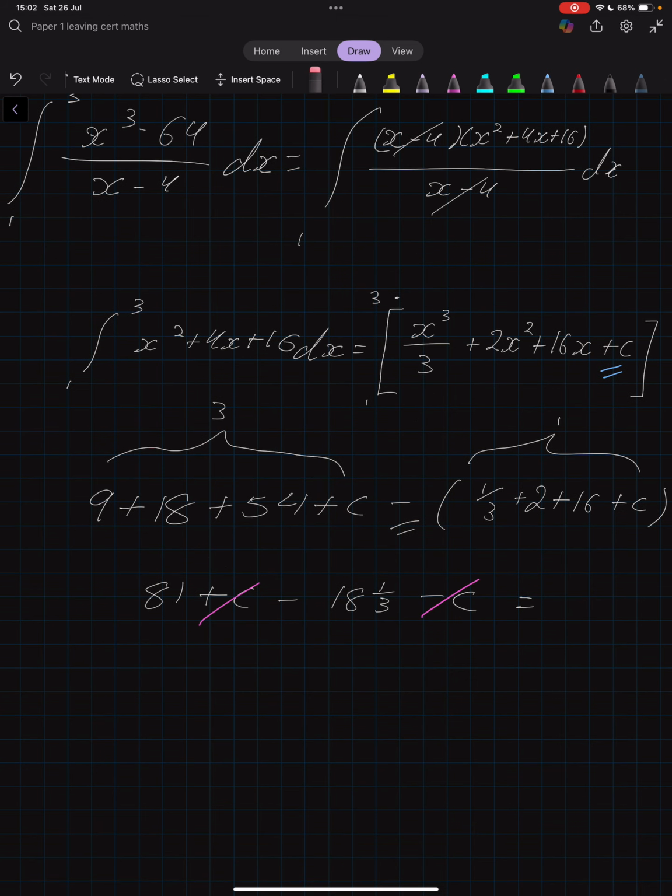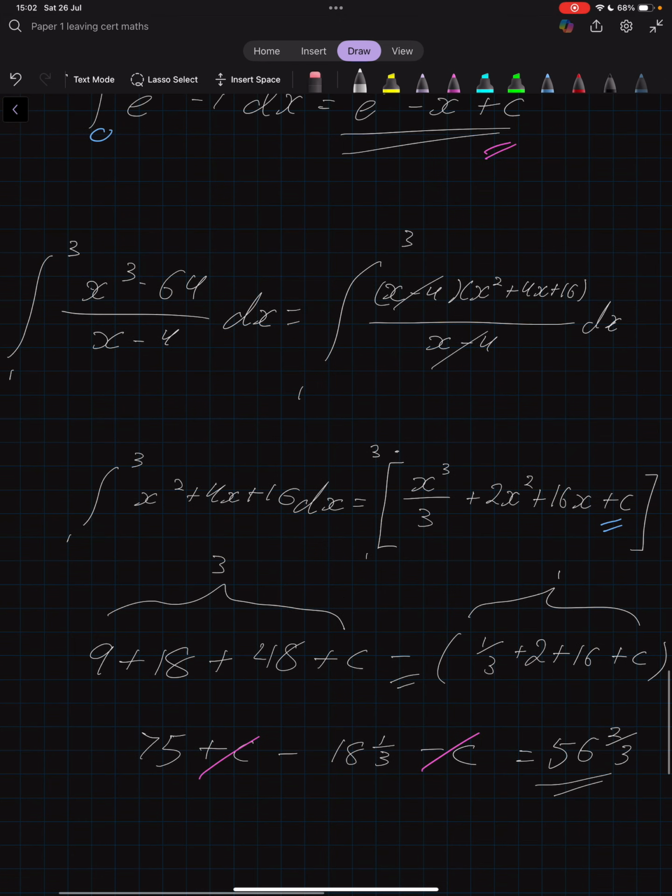Sorry, this is 48. That's my bad. Yeah, so 48 plus 27 then is going to be 75. Sorry, yeah, this is 75. Okay. And so I end up with 56 and 2/3. Okay. So that's then your definite integral. Okay.